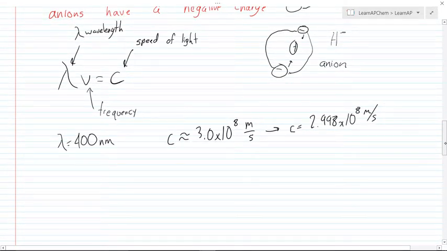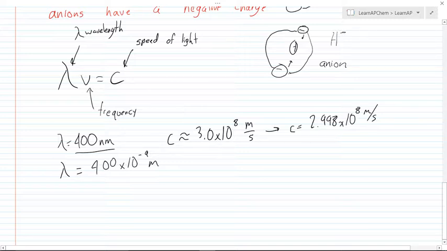Now, note that when we work with these, I actually need to have this in meters. So, if I convert this real quick, I would have this as 400 times 10 to the negative 9th meters.